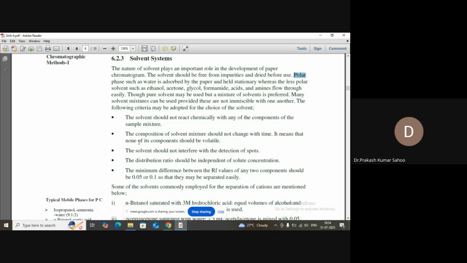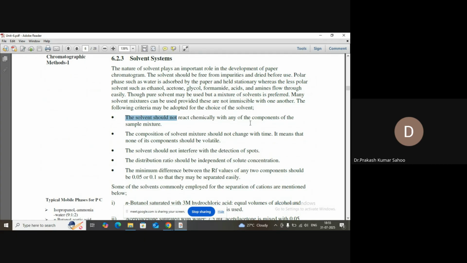The basic criteria is that the solvent should not react chemically with any of the components. This is number one. The composition of the solvent mixture should not change with time. It means that none of its components should be volatile. The solvent should not interfere with the detection of spots.